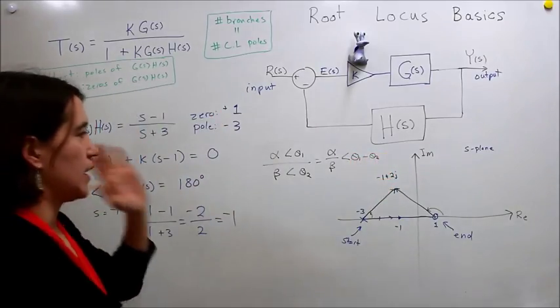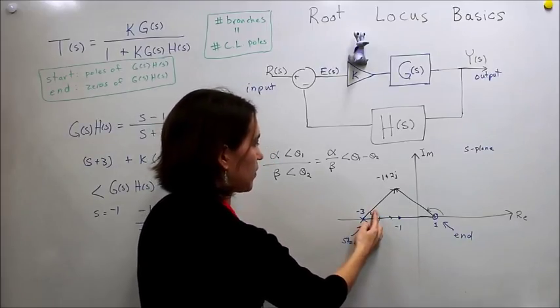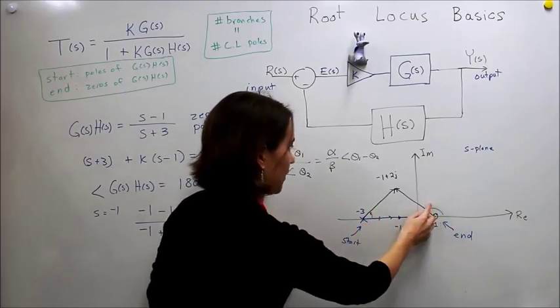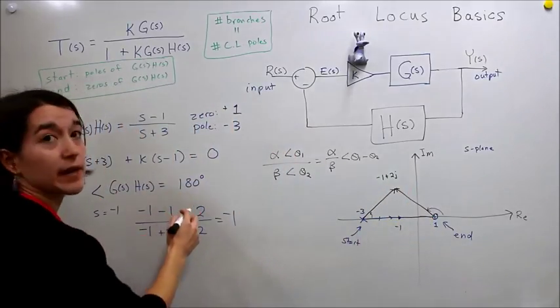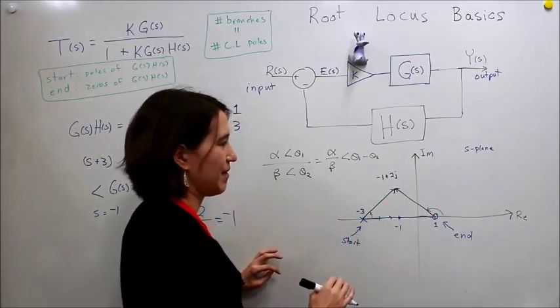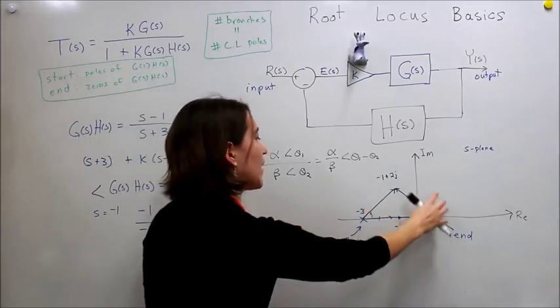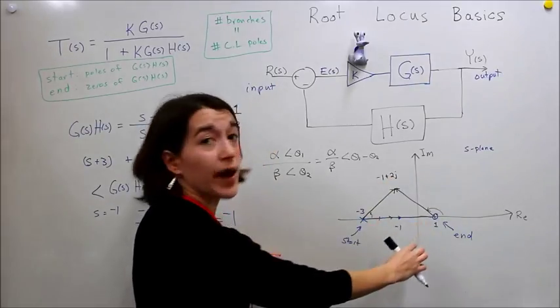So if we subtract these values, in order for the angles to work out, it has to be exactly 180. If you go through the math of this, you'll find that it will not be 180 for any of these values outside. So it is only true for the values on the real axis.